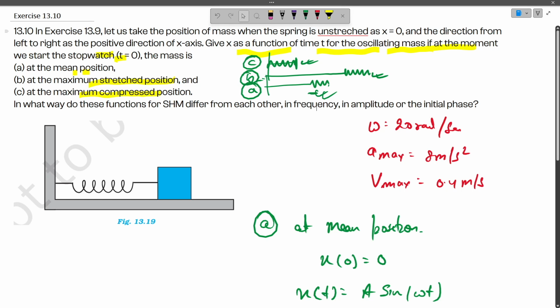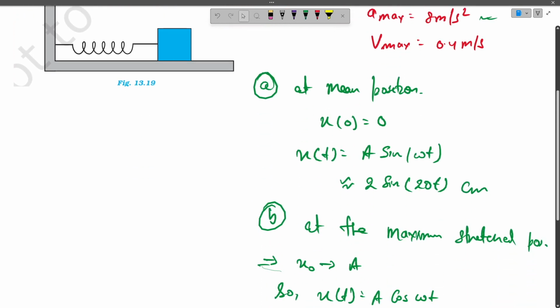We have been given that the angular frequency is 20 radians per second from the previous question, the maximum acceleration we found as 8 meters per second squared, and Vmax as 0.4 meters per second. So the only things we need here are the angular frequency and the amplitude. Amplitude is 2 centimeters.